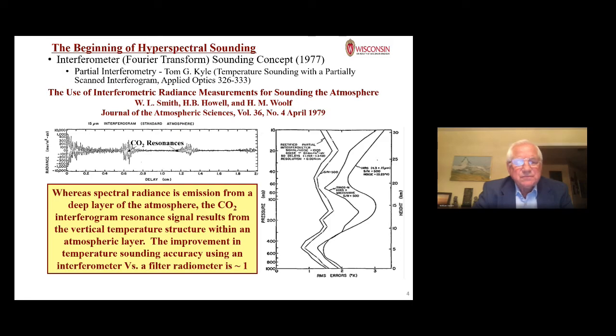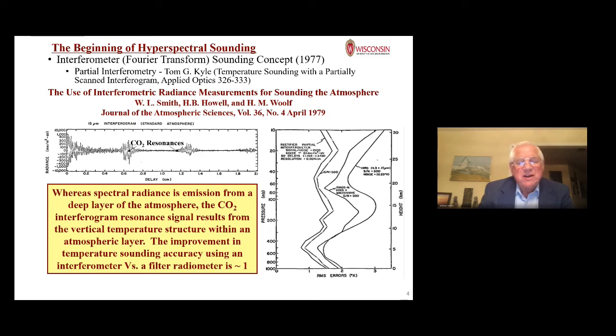Whereas if you look at the interferogram, the Fourier transform of the spectrum, you will see resonance regions, in which the amplitude of the signal is a function of the vertical structure within the atmospheric layer. It's not just the layer mean temperature like the radiance is, but the interferometric signal gives you the structure.